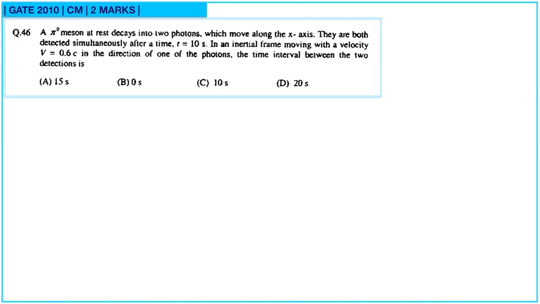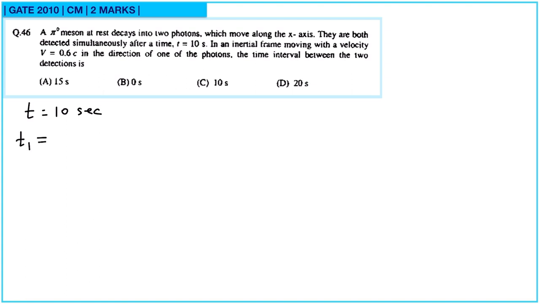Next question. A pi zero meson at rest decays into two photons which move along the x-axis. They are both detected simultaneously after a time t equal to 10 seconds. In an inertial frame moving with a velocity v equal to 0.6 c in the direction of one of the photons, the time interval between the two detections is?